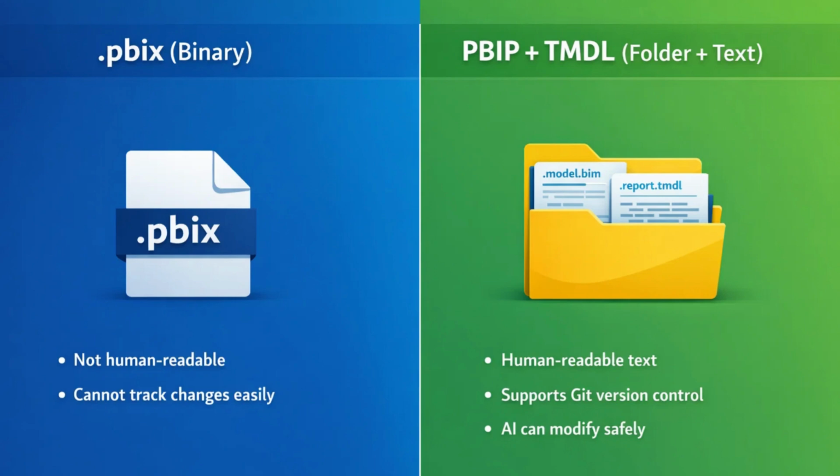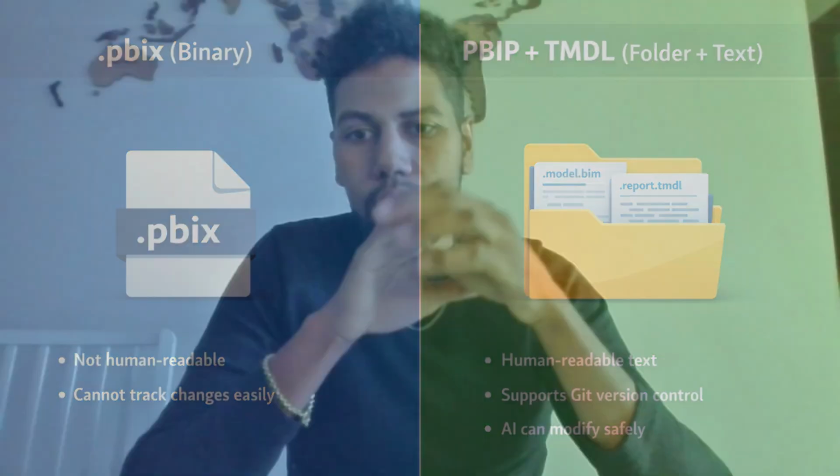Now, let's level this up, okay? If you're serious about using this professionally, you should be working in PBIP format, which stands for Power BI Projects. Normally a PBIX file is binary. Binary means you cannot open it in a text editor and see what changed, okay?